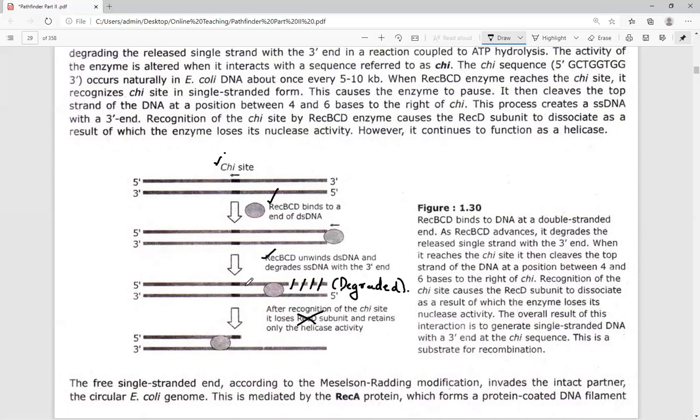So it was RecB, C, and D. Now the D activity is lost after it encounters a site that is called the chi site. Encounter of the chi site causes the loss of RecD activity.